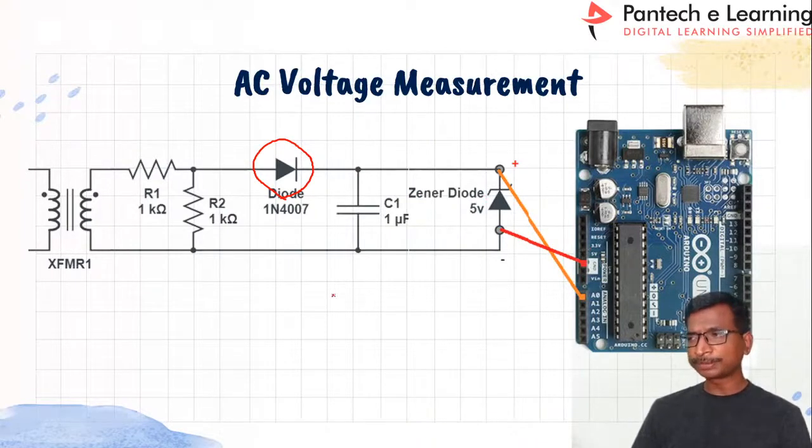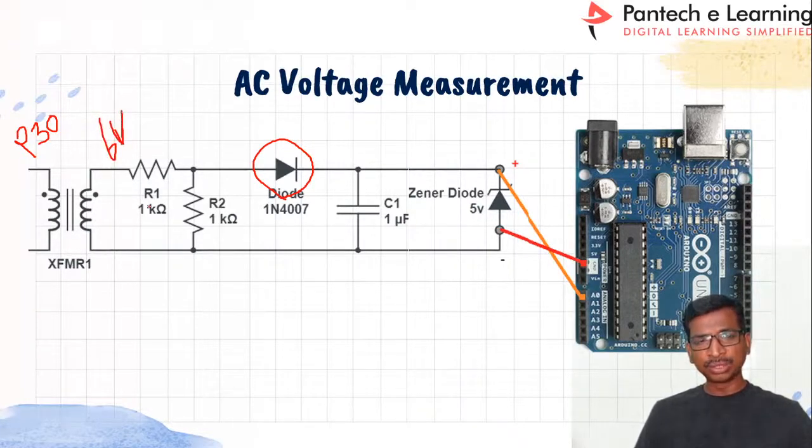With this circuit, suppose the input is 230 volts and the secondary is 6 volts.